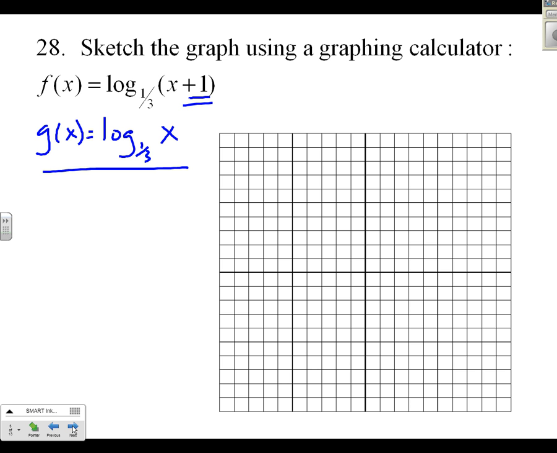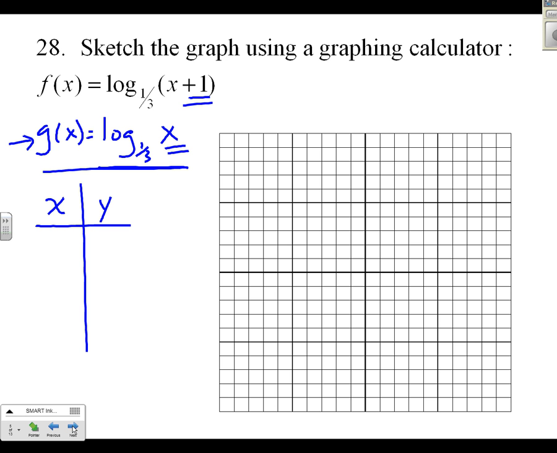So if I was to create a t-chart for this, x, y, and this is just my g of x function I'm talking about here, I would want to choose x values that 1/3 could turn into with an exponent. Because again, this is the exponent that turns 1/3 into x.